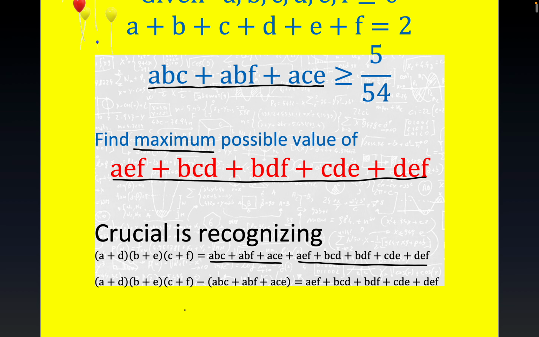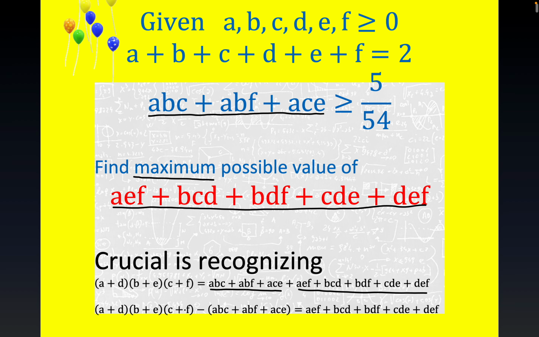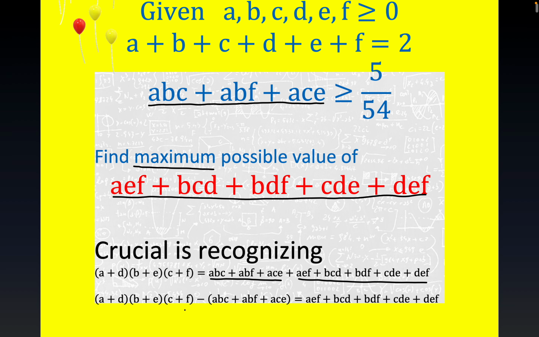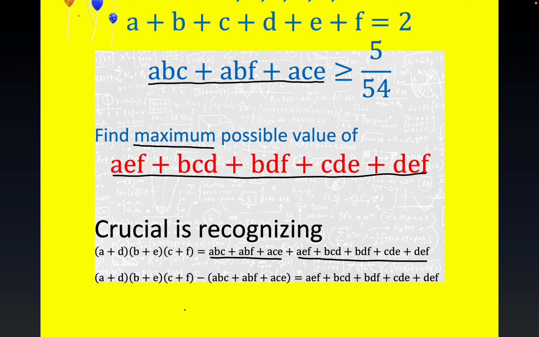Now, what's next, though? Well, you'll notice that all 6 of the terms add up to 2, but that means pairwise, this product will be maximized when each of them is 2/3. I guess that's some sort of consequence of the arithmetic mean, geometric mean inequality. See, everything adds up to 2.